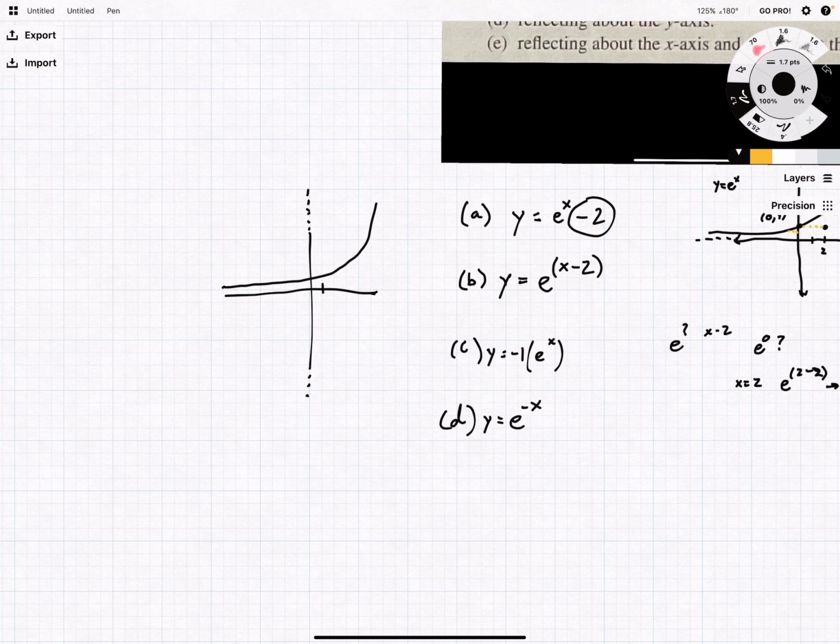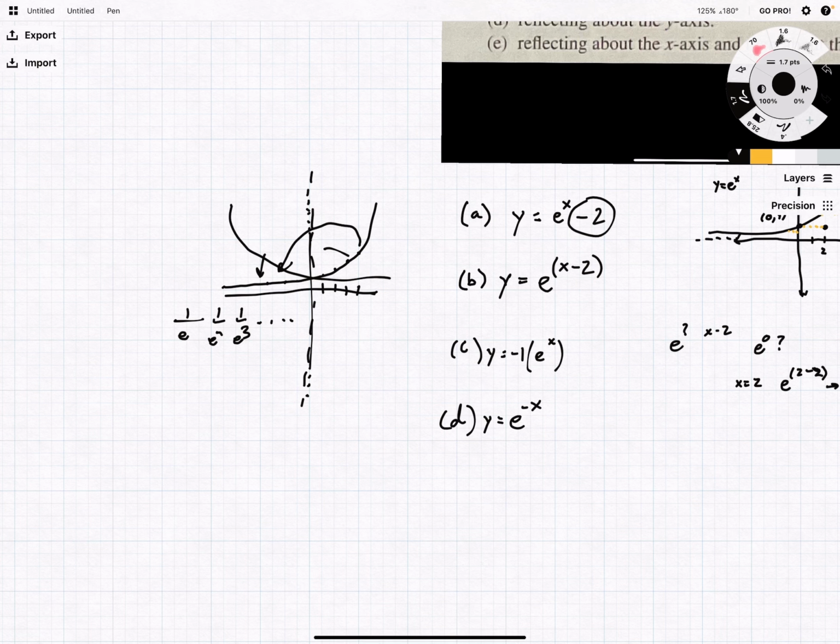If x equals 1, 2, 3, and 4, you get positive values because you have e to the 1, e to the 2, 3, and 4. If it's negative and you have e to the -1, -2, -3, that's equal to 1 over e, 1 over e squared, 1 over e to the 3rd, and so on. So if we apply the negative value to every x, then negative inputs will become positive, positive inputs will become negative, and the whole graph will shift over like this, and you'll have this line of symmetry along x equals 0.